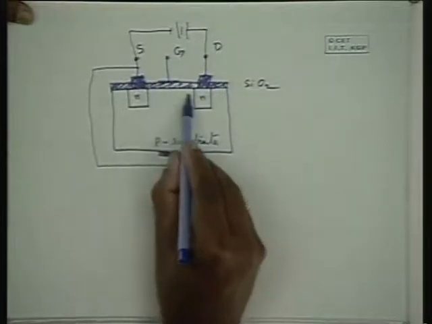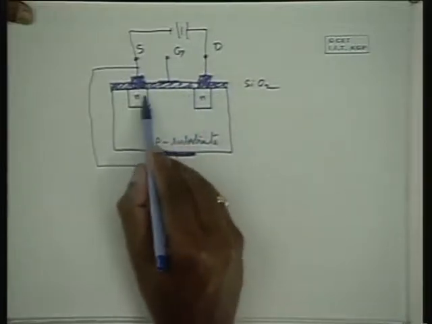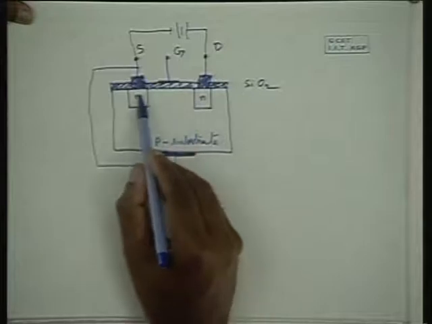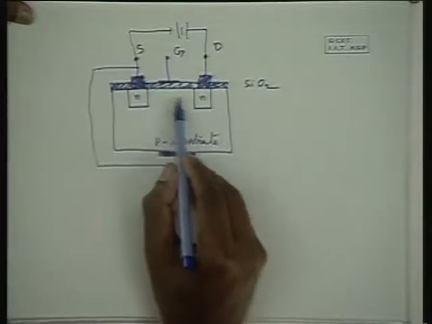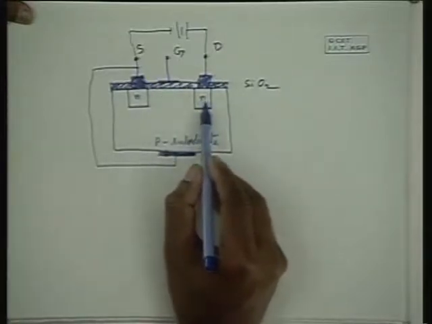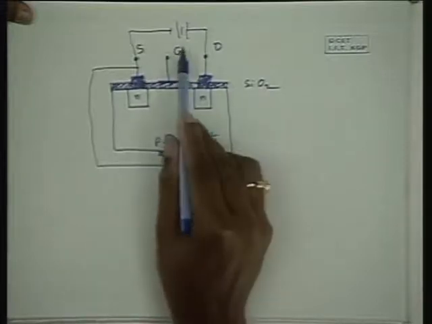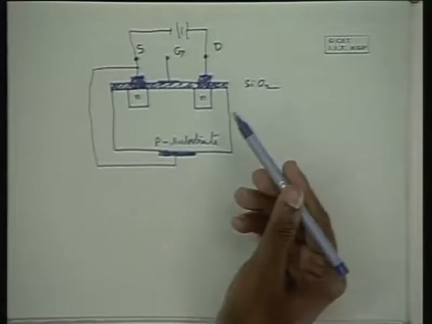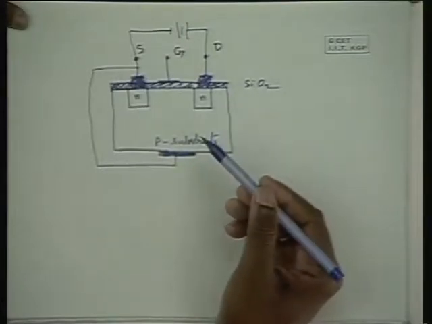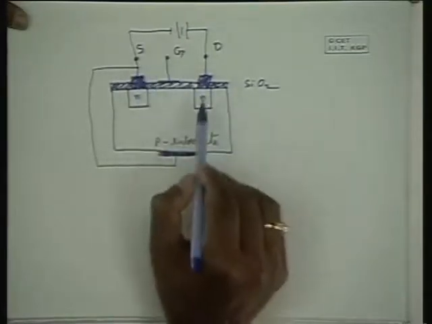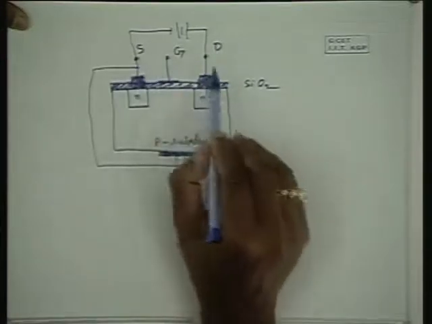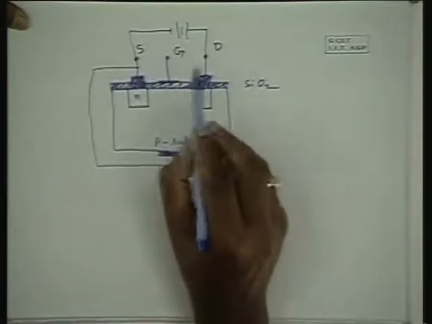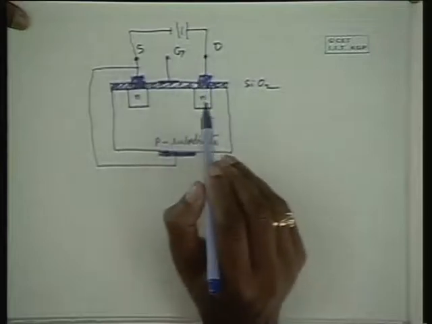There is no channel appearing here, and there is an N-type, and this is P-type, and this is P-type, and this is N-type. So when this is the situation, no current flows through the channel. So 0 current flows through the channel, even when you apply some potential or voltage between the drain and source.